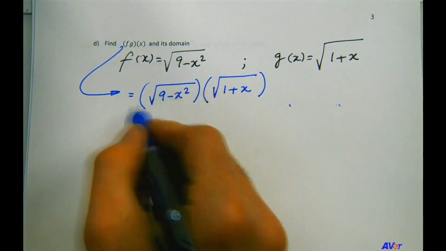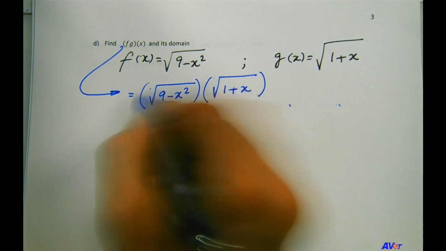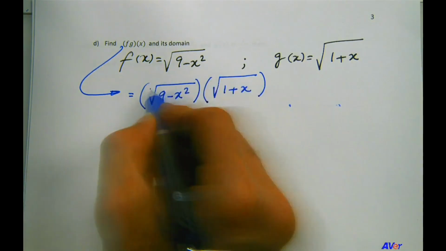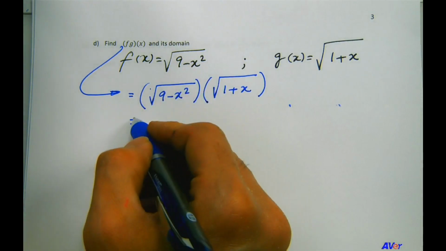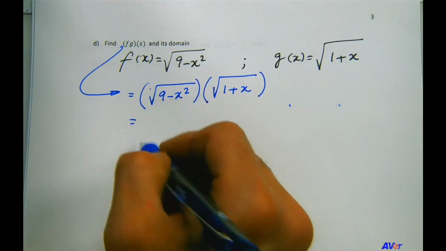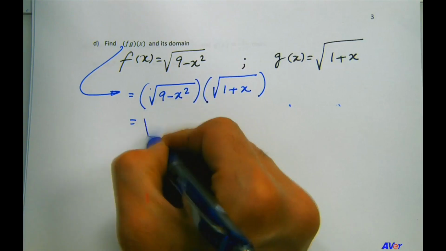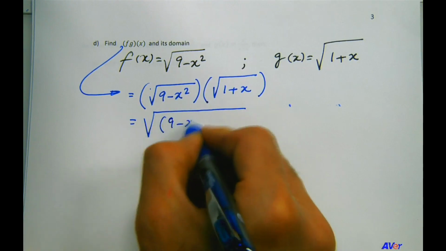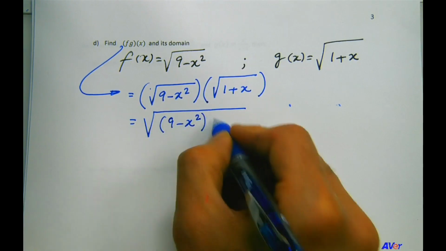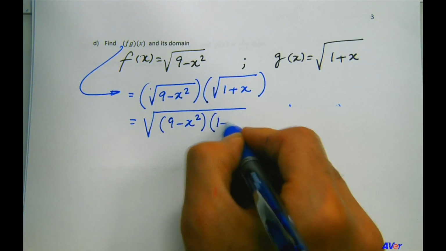So they're both square roots. The index for both roots is the same. If that's the case, we know from properties of radical expressions that we can multiply the insides. So let's do that. We can write square root of 9 minus x squared times 1 plus x.